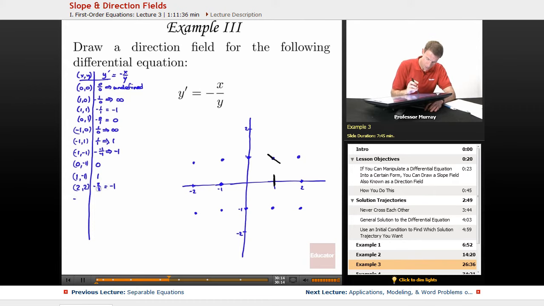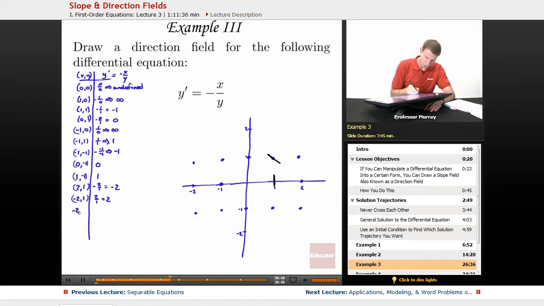Actually, I didn't want to do 2, 2. I didn't want to go that far. I think I'm just going to do 2, 1, which gives me negative 2 over 1, which is negative 2. Negative 2, 1 gives me 2 over 1, which is positive 2.